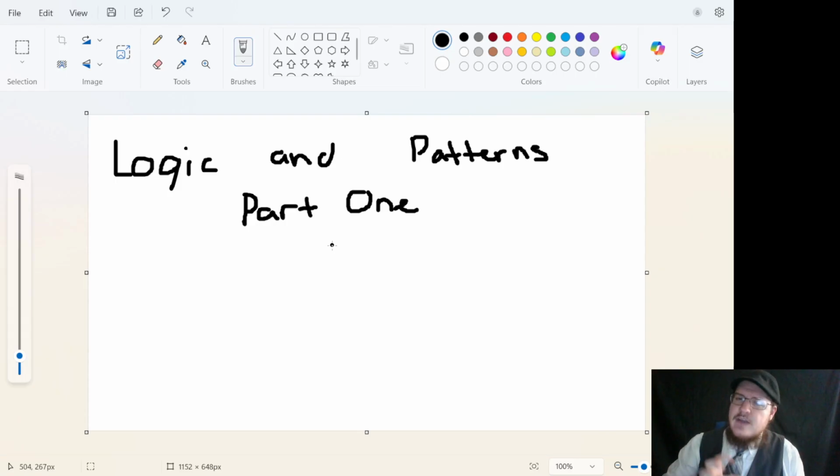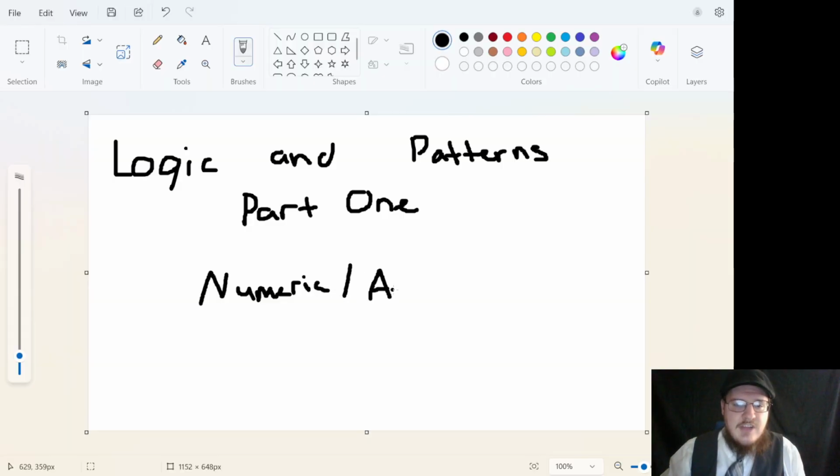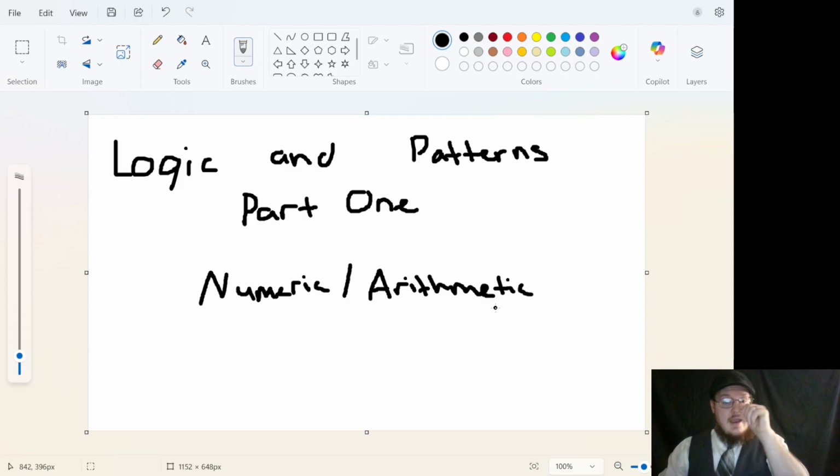There's different types of patterns. I'm going to be focusing on two different ones. Okay? We've got numeric, slash arithmetic. So you may hear both names for these types of patterns. Now, numeric slash arithmetic, that focuses on numbers, hence numeric.